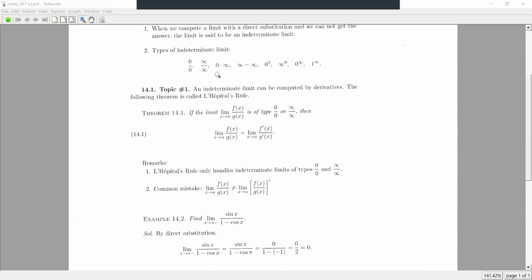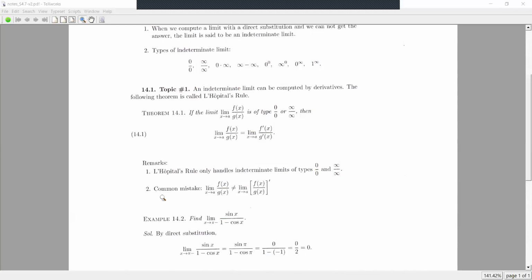You cannot directly apply L'Hopital's rule to compute a limit of these types. So pay attention here. L'Hopital's rule can only handle the type 0 over 0 and infinity over infinity. It cannot handle the remaining types.